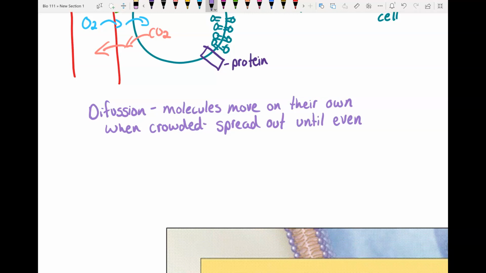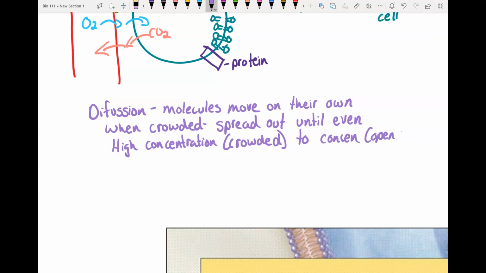So anytime they're going from high concentration, where they're crowded, to low concentration, where there is open space, we say that they are moving with their concentration gradient.